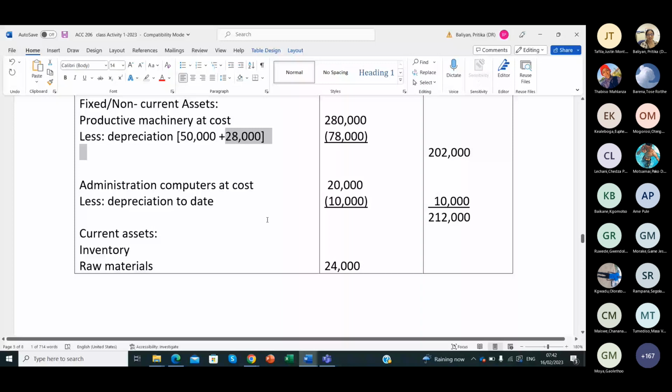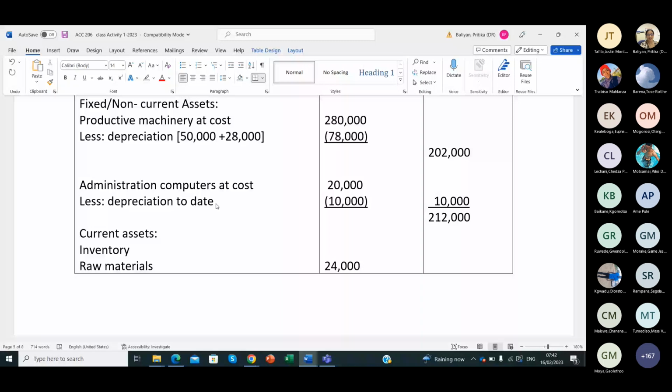Same things we have to do with the administrative computers. The cost of administrative computers in the question given 20,000 cost and now the current value is 12,000, which is next figure you have seen. So in previous year, how much value is already depreciated? 20 minus 12. 8,000.